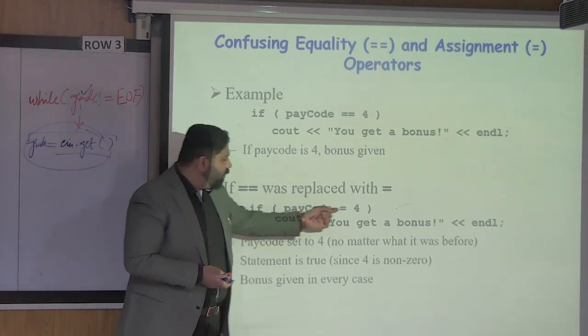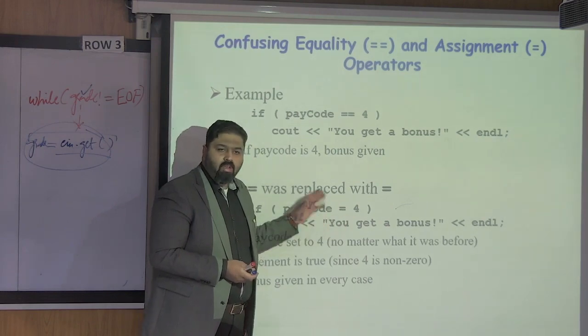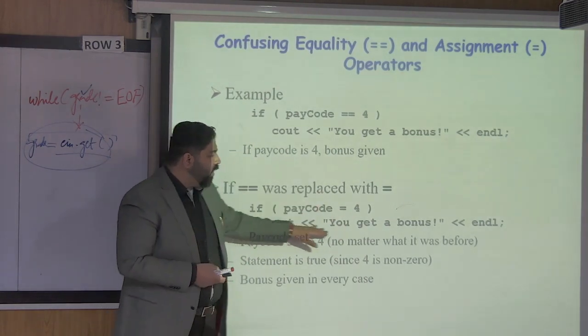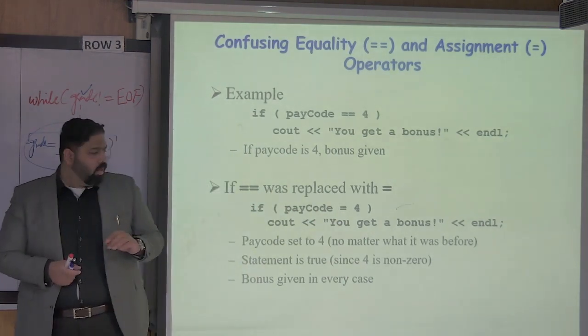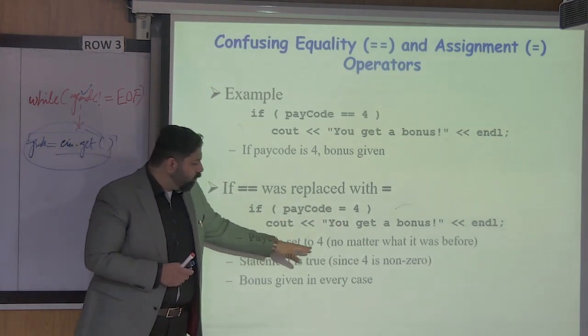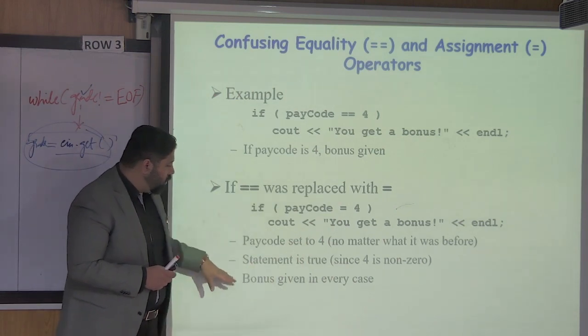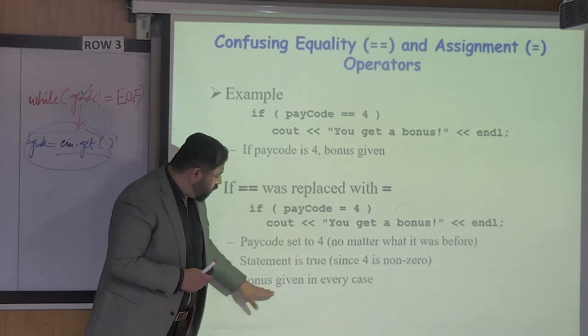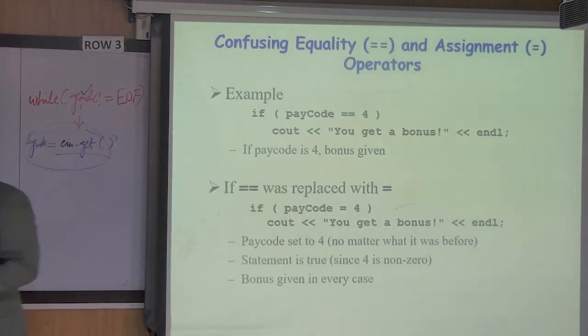So it is equated to 4, a non-zero value, which means the if is true, so it will display you get a bonus. In this case, pay code is set to 4, no matter what it was before. The statement is true since 4 is a non-zero value. Bonus is given in every case. So this is a problem we should be looking for. We discussed this earlier too, but as a flow.